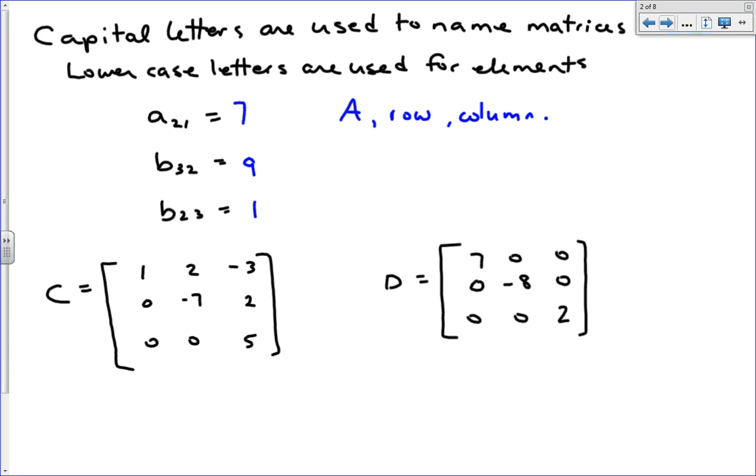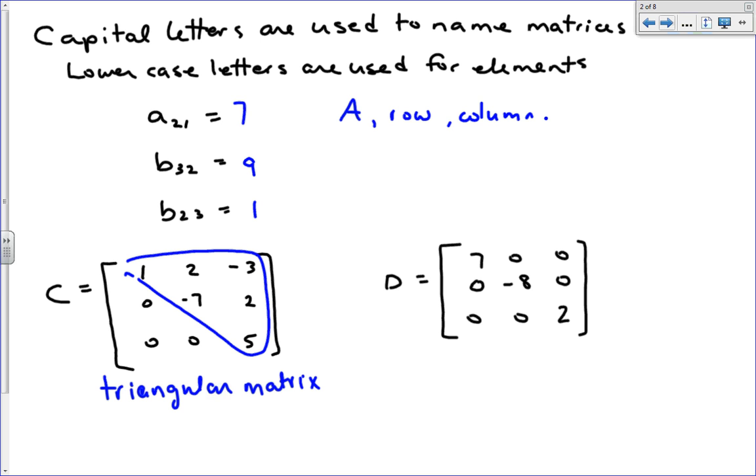Okay? Now, if you look at matrix C here, we call that an upper triangular or a triangular matrix. And notice that everything above the diagonal has some values, and everything below the diagonal is zeros.